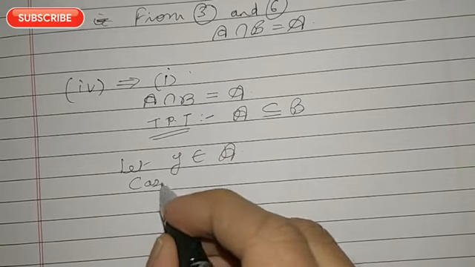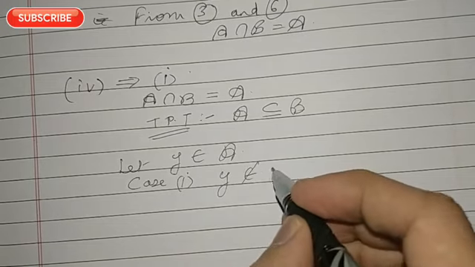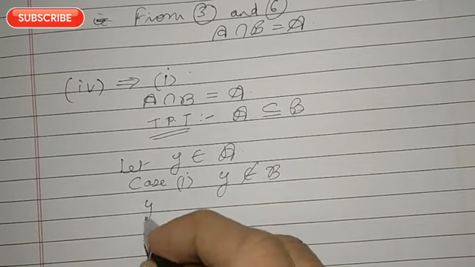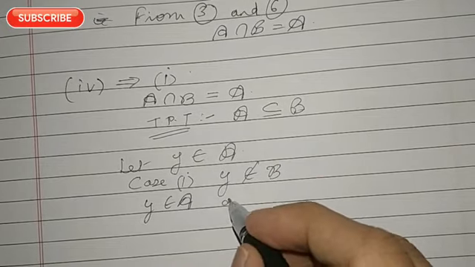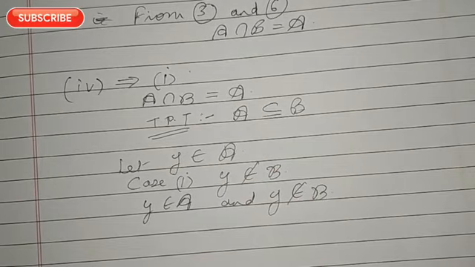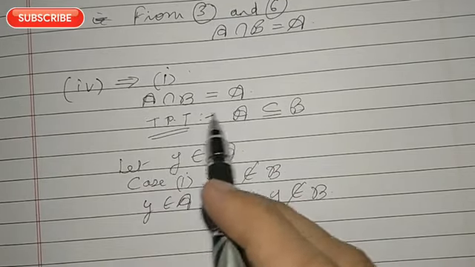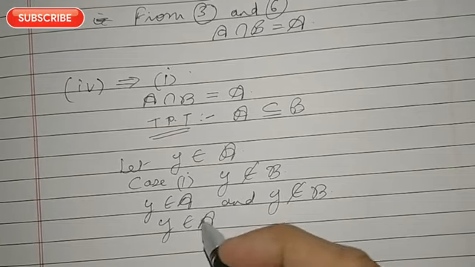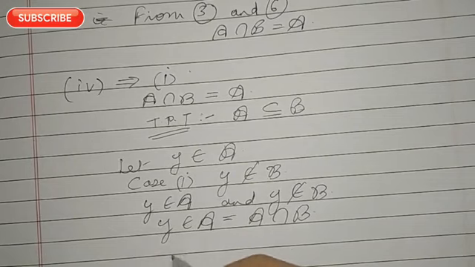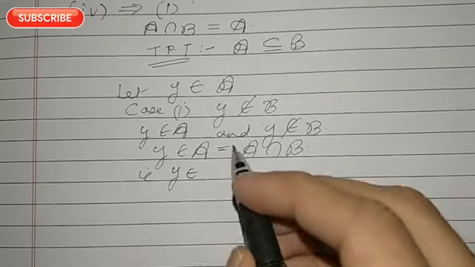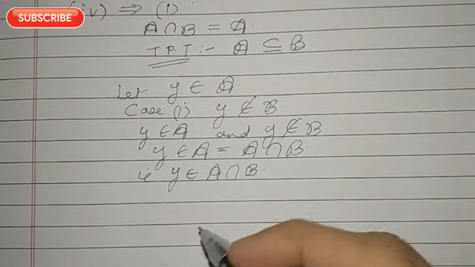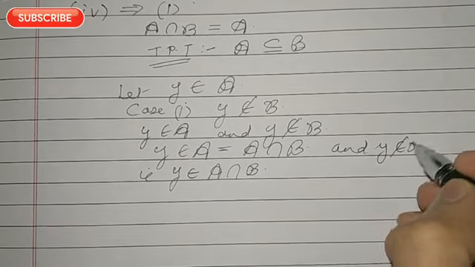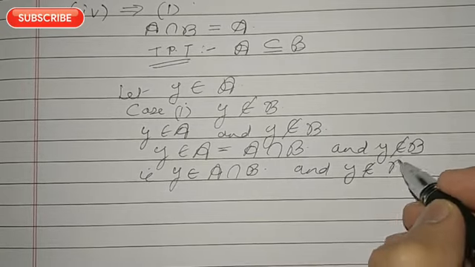So case 1: Y doesn't belong to B. Now what we got is Y belongs to A, and Y doesn't belong to B. What is given to us, you have to remember, is A is equal to A intersection B. So Y belongs to A, which is equal to A intersection B, so Y belongs to A intersection B.